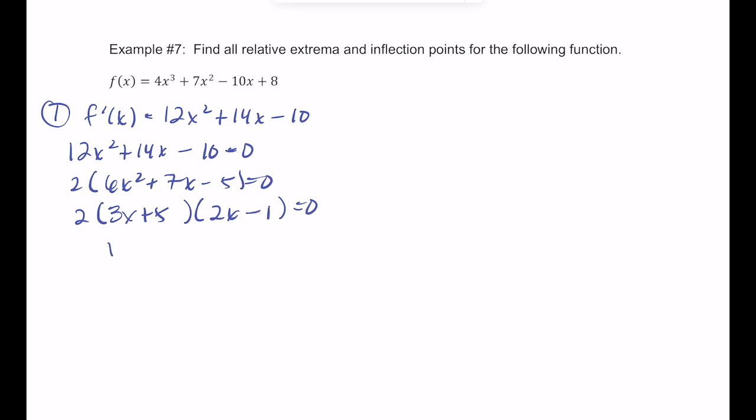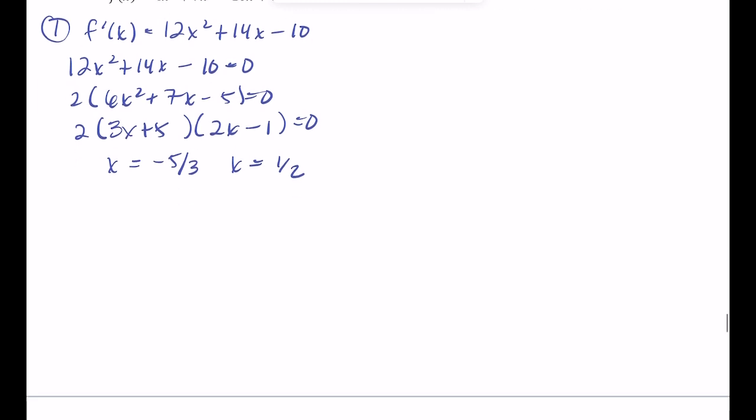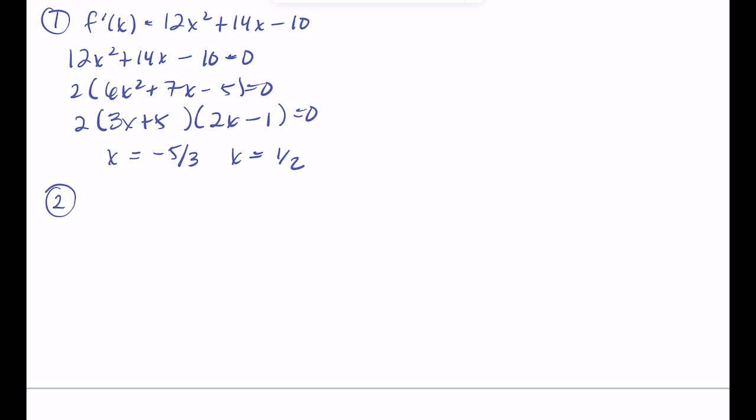And I know if I set those equal to 0, I would get x equals negative 5/3 and x equals positive 1/2. Okay, now I'm going to apply the second derivative test. So the derivative of this is going to be 24x plus 14.